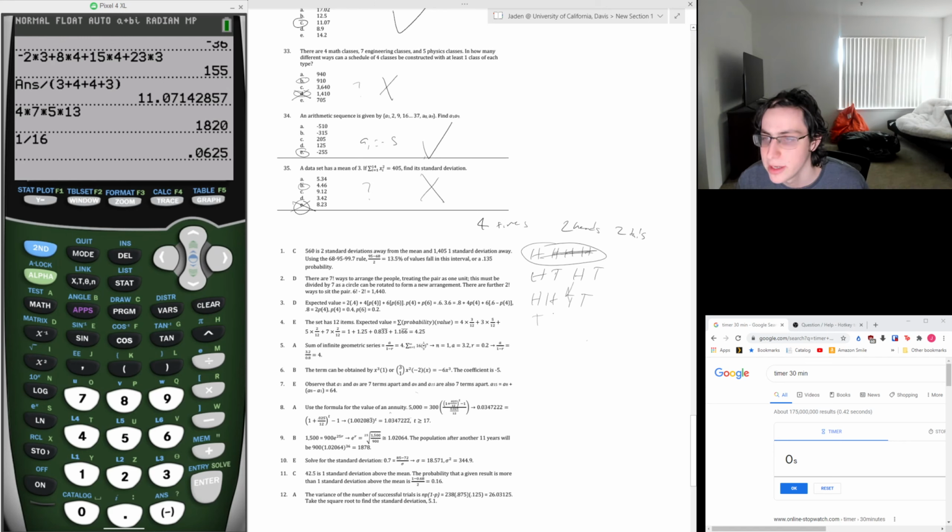You could have, let's say, tails, tails, heads, heads. Maybe actually there's more than that. Let's see. Tails, tails, heads, heads.